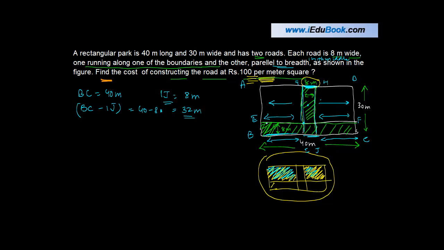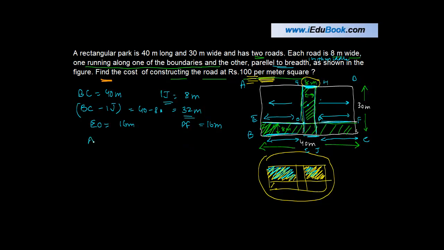Or in other words, this length, if I were to call it OP, EO is equal to 16 meters, which is half of this, and similarly PF, which is this length, is equal to 16 meters, right?